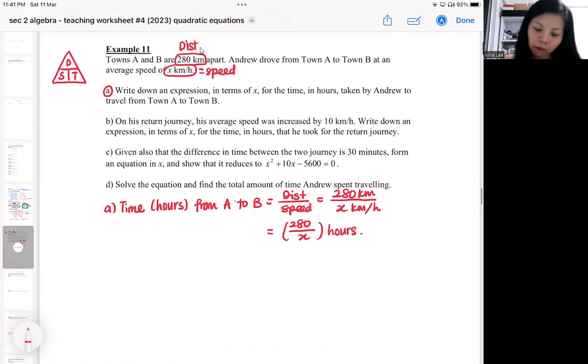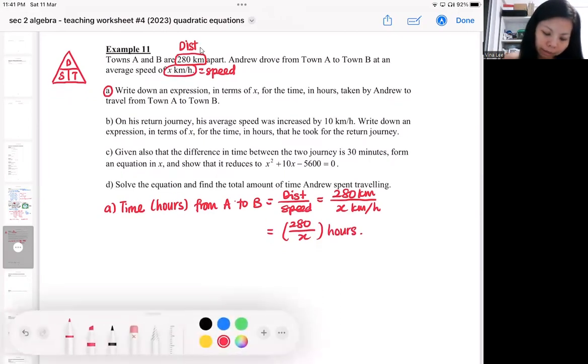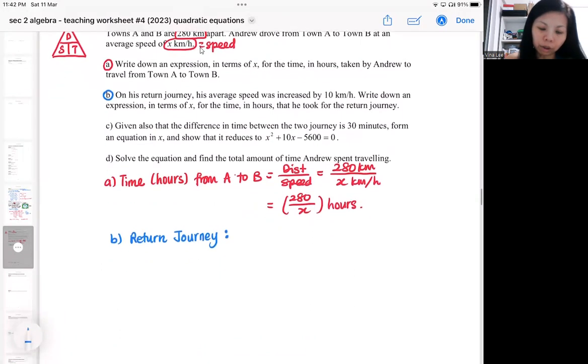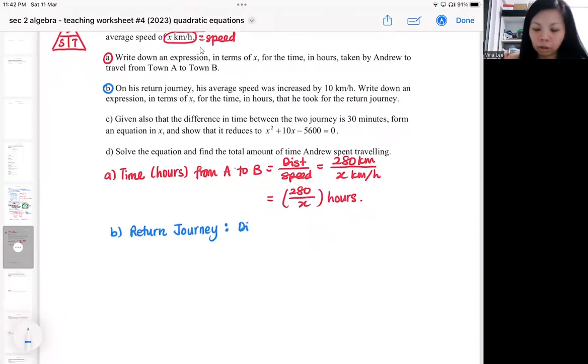Now let's take a look at the return journey. When it is the return journey, any changes? Obviously, if you are doing the return journey, the distance is still 280 kilometers.